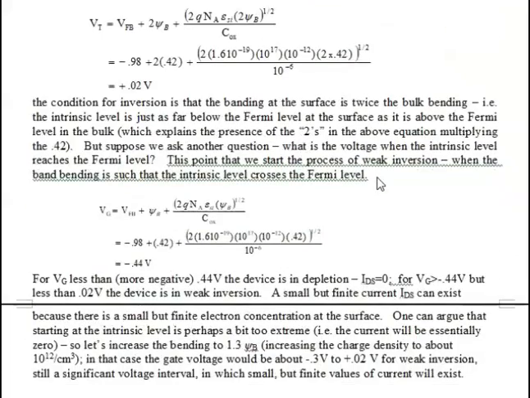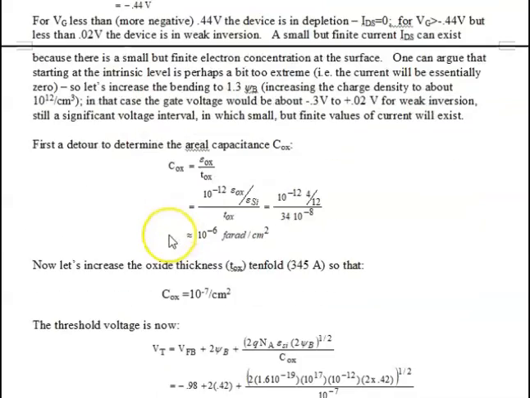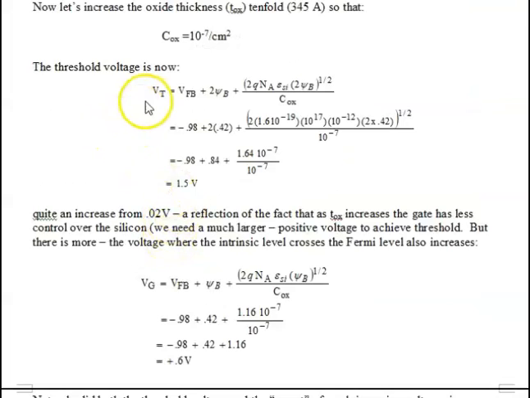So that all makes sense, that we have a much higher threshold voltage for a much larger gate oxide thickness. And that is quite an increase. It was plus 0.02 volts, and now it's plus 1.5 volts.